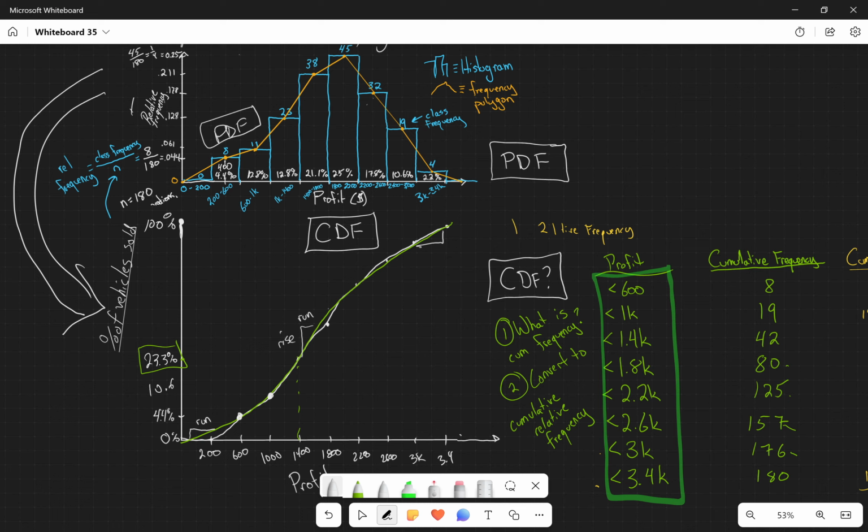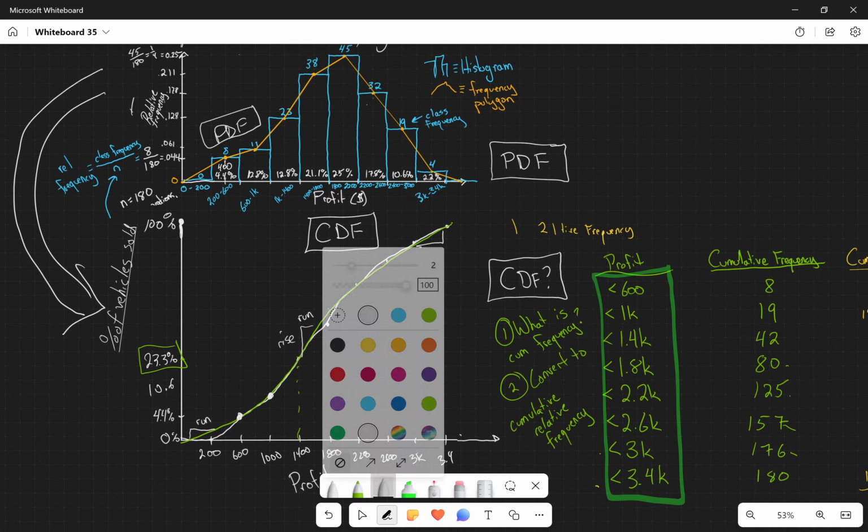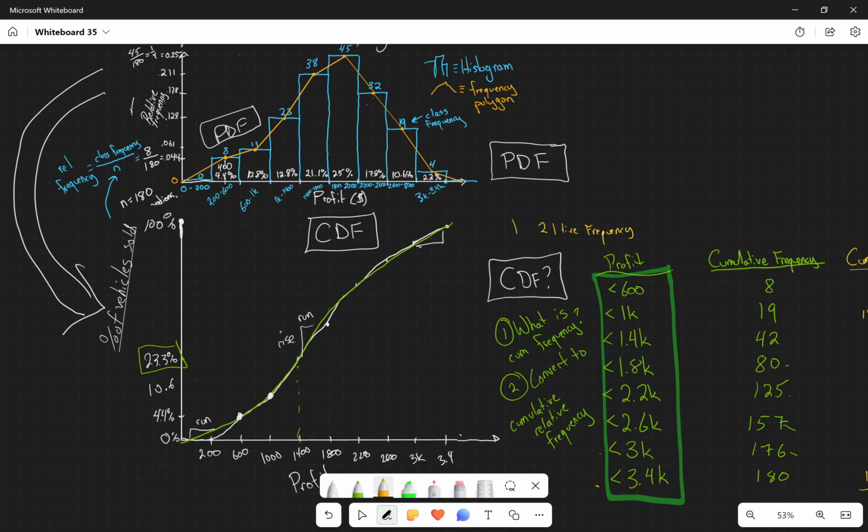So if we were to take an integral, which I know a lot of you are like, ew, gross, but if we were to take an integral from 0 to 1,400, so if we were to look at the area underneath the curve here, we would find that that corresponds to a value of 42.